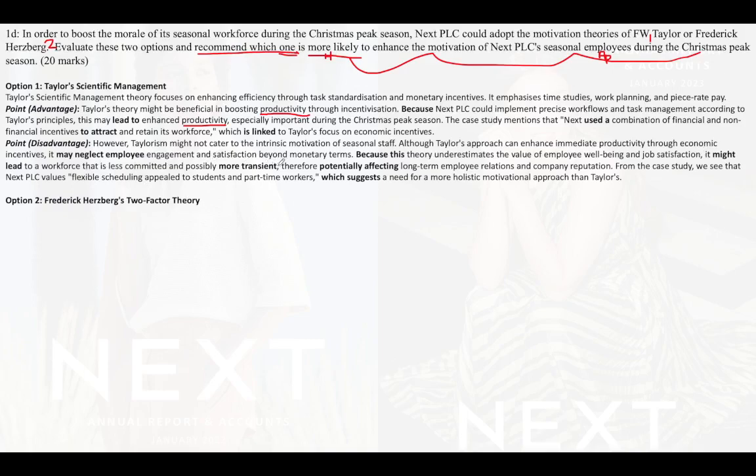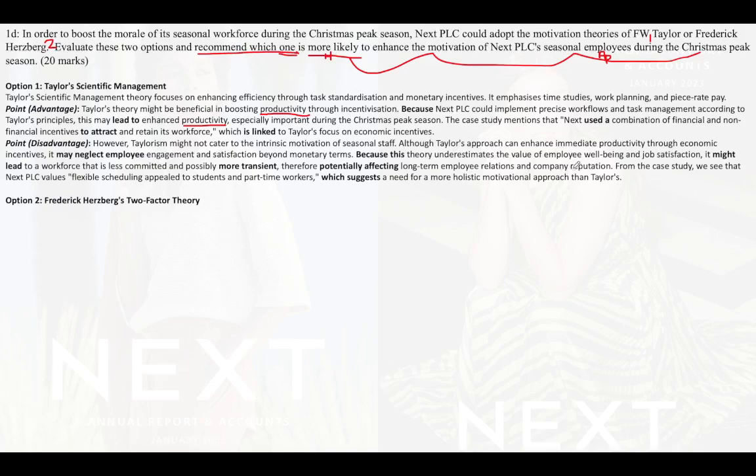They're already seasonal. Therefore, potentially affecting long-term employee relations and company reputation. Okay, so employee relations might be morale. Okay, going to give you that. We are talking about motivation beyond monetary. Company reputation.